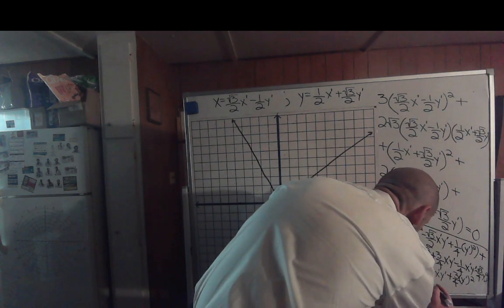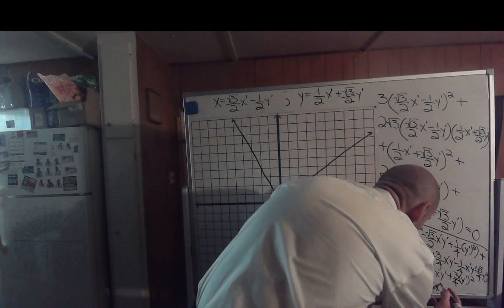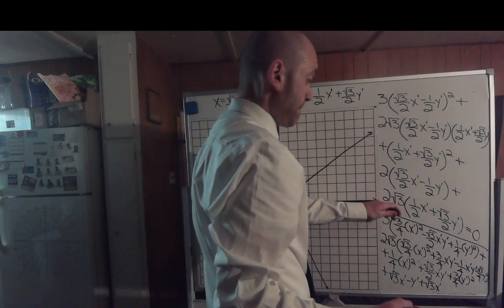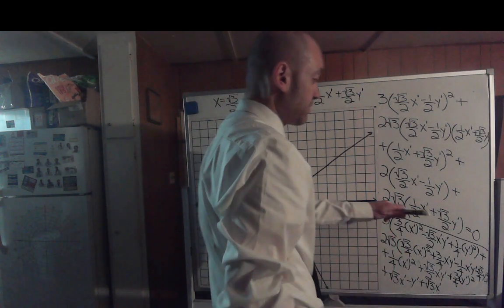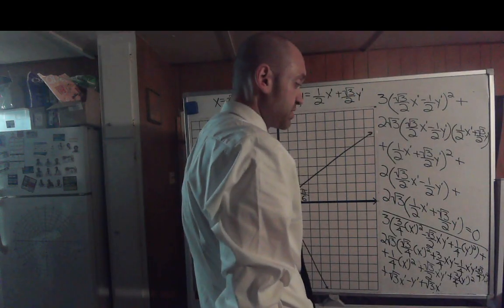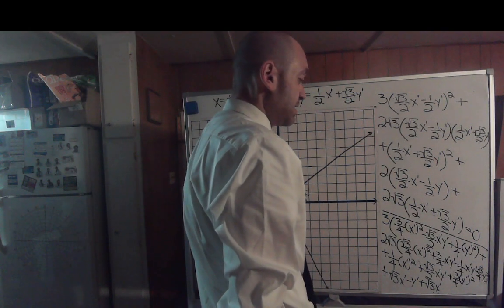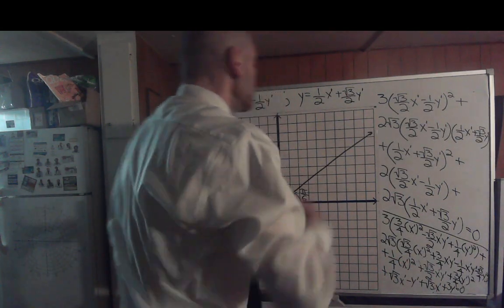I'll end up getting plus the square root of 3 x prime. And then 2 times the square root of 3 times square root of 3 over 2. That would end up being 6 over 2, which would be 3y prime. So that'd be plus 3y prime. All that equals 0. And yes, I'm going to simplify this up top here.